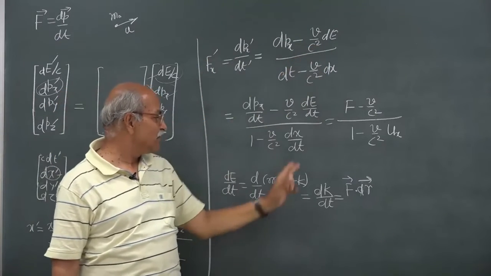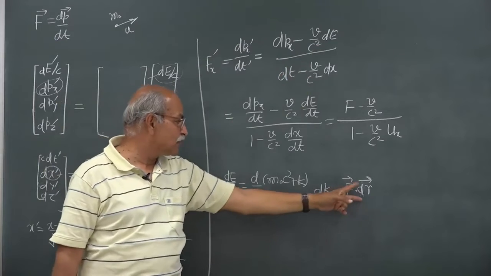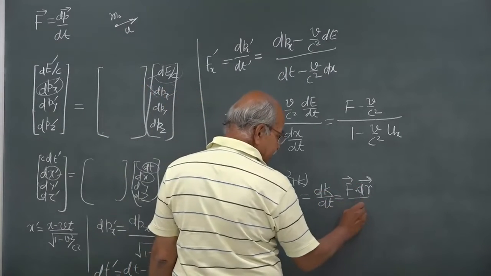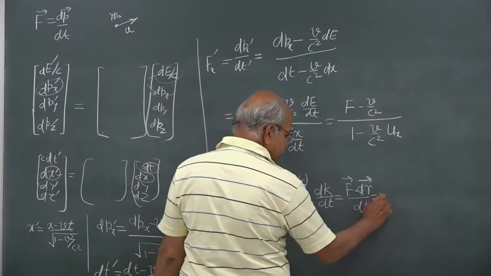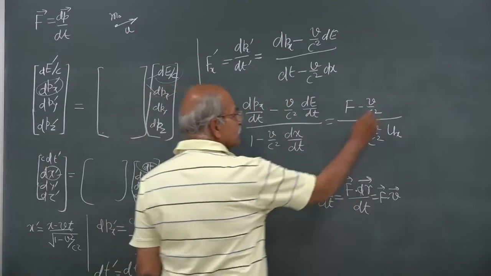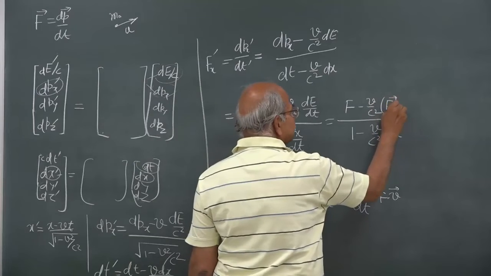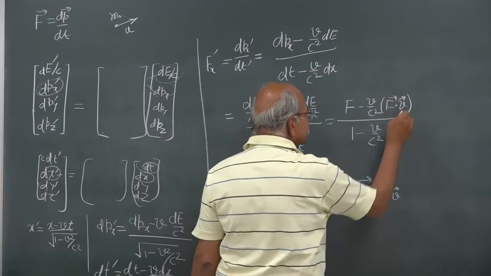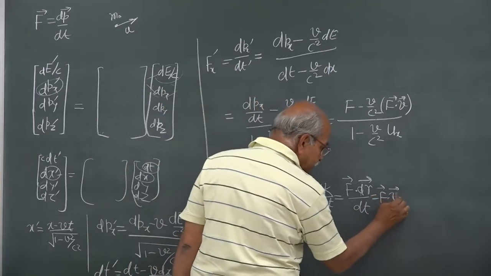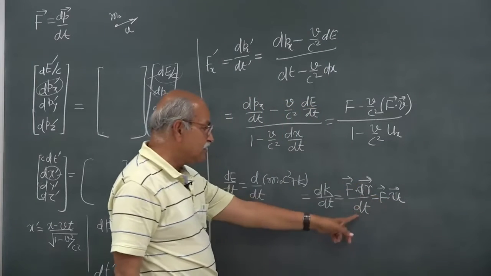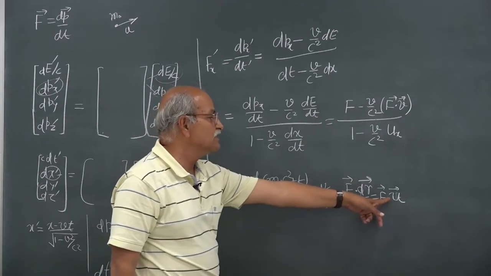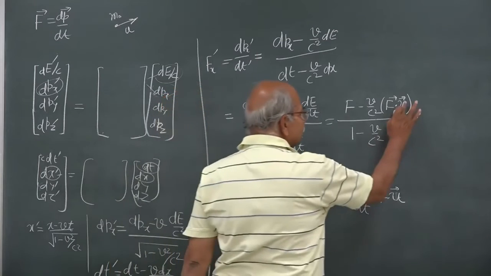So, in S frame I am writing f dot dr over dt. So, this is f dot v, or rather f dot u, because dr/dt is the velocity of the particle as seen from S frame. So, that is this u vector. So, this is f dot u.